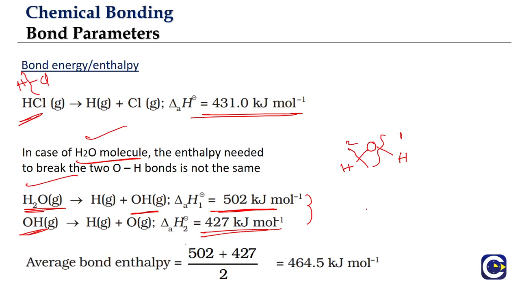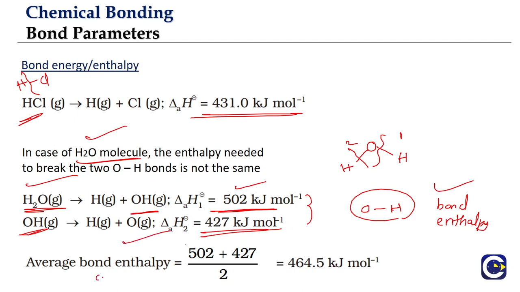So if we have to give the OH bond enthalpy, how do we get it? We have taken the bond enthalpy for the breaking of the first oxygen hydrogen bond, which is 502. The bond enthalpy for the breaking of the second oxygen hydrogen bond is 427. So the oxygen hydrogen bond enthalpy we can take as the average of these two values. 502 plus 427 divided by 2, which is approximately 464.5.